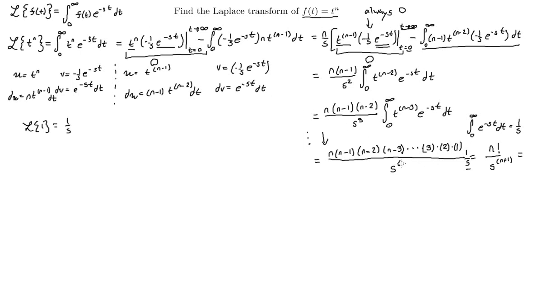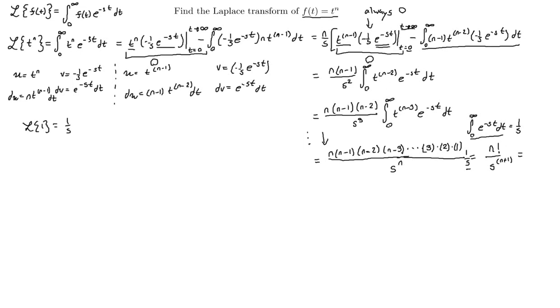Got my counting wrong there. Okay, so this is s to the n, right? Because this was 2 integration by parts, this was 3 integration by parts. So if I do integration by parts n times to get this guy at the end of here, then that should be n plus 1. Okay, there we go. Sorry about that mistake.